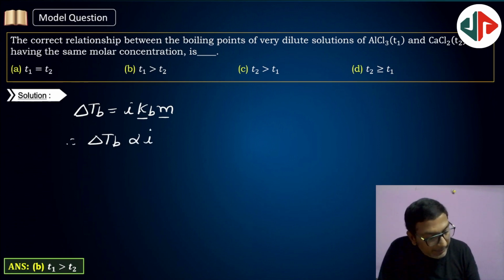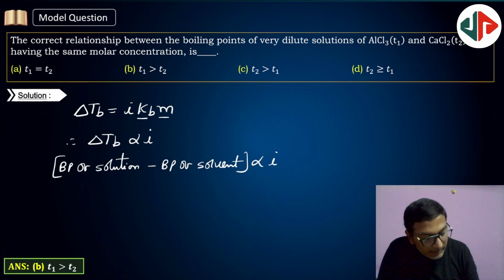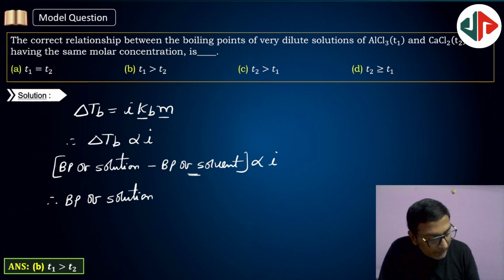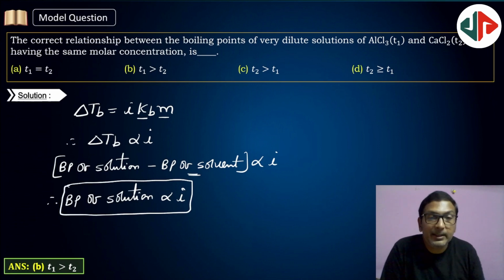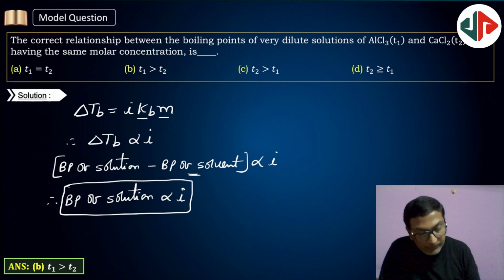So delta Tb means boiling point of solution minus boiling point of pure solvent is directly proportional to i. Boiling point of solvent also constant, therefore boiling point of solution is directly proportional to i. This is the relation. So as the i value increases, boiling point increases.